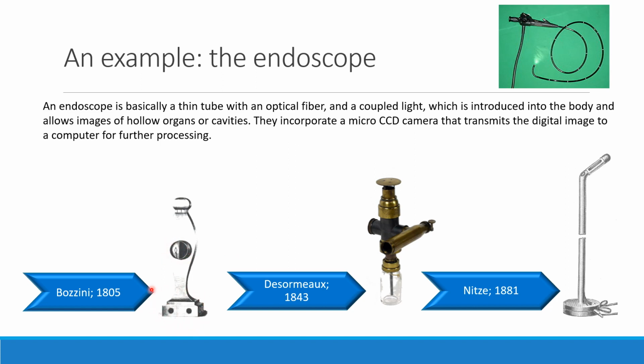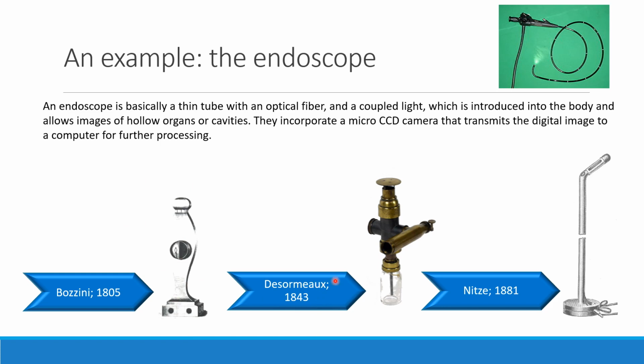Here we have two binoculars to observe what is happening, and of course no optical fiber, no transmission of images, just the human eye looking through these lenses, the candle, and this is the part that was introduced into the body.